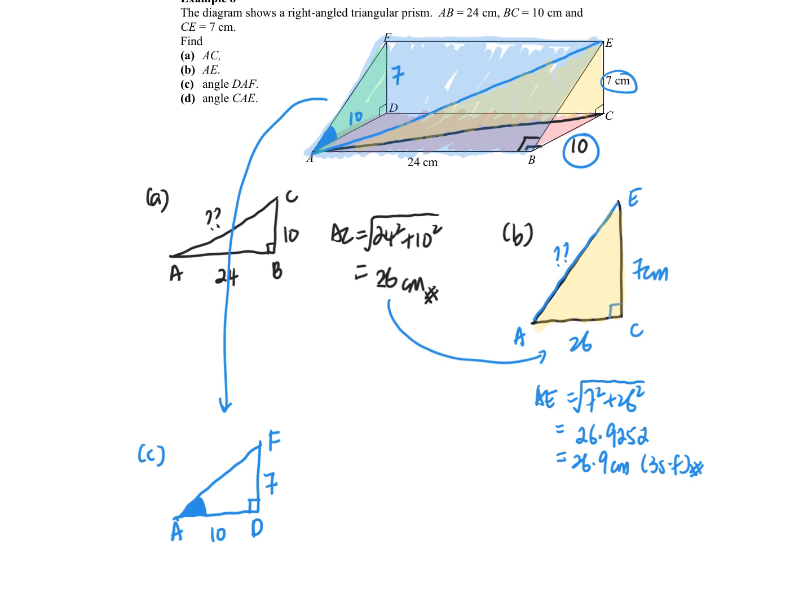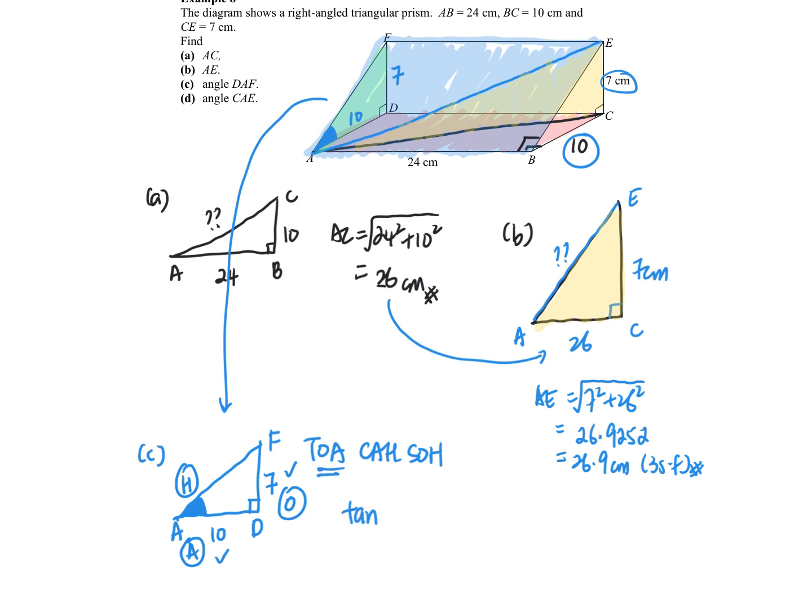This is a right angle triangle. You either use Pythagoras theorem or SOH CAH TOA. So let's see which one we use. So this is H, this is adjacent, this is opposite. So O and A means TOA.